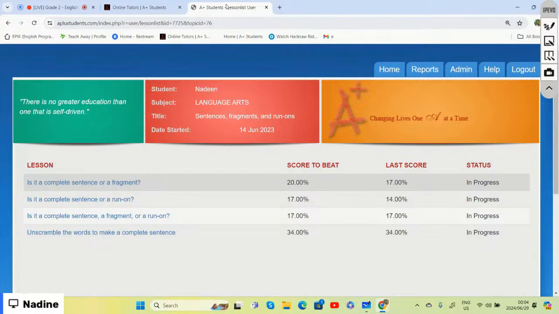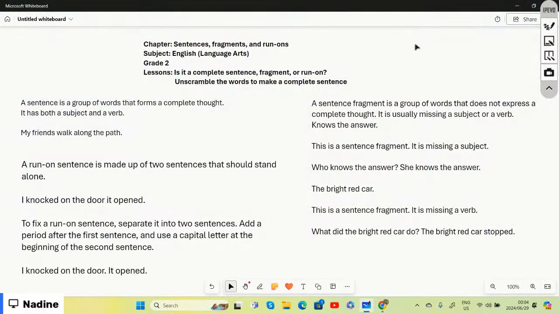All right, so this is a continuation of our previous lesson on sentences, fragments, and run-ons. So our chapter is sentences, fragments, and run-ons. Our subject is English Language Arts, grade 2.